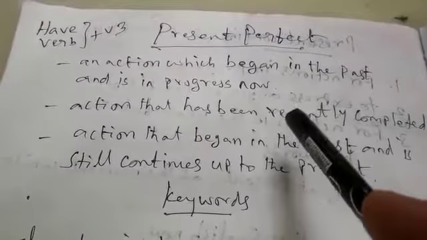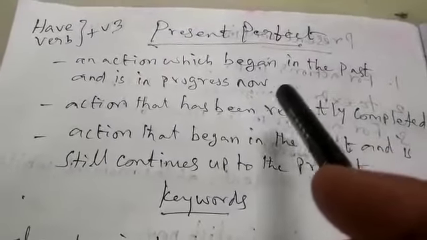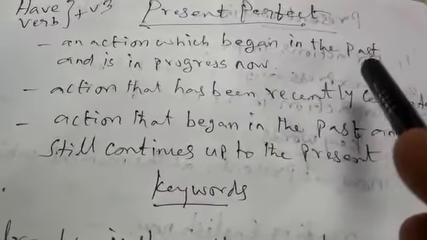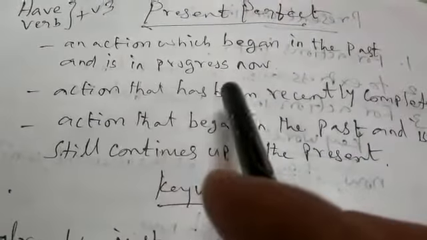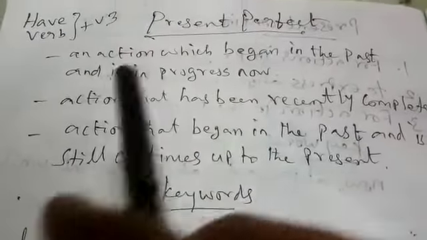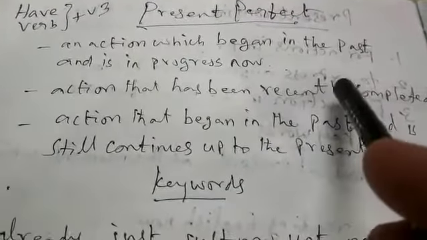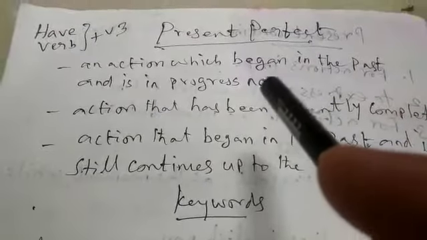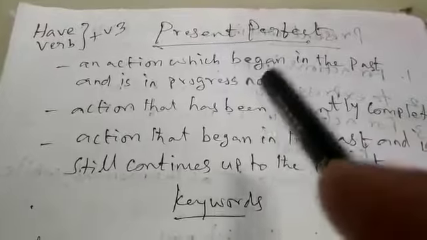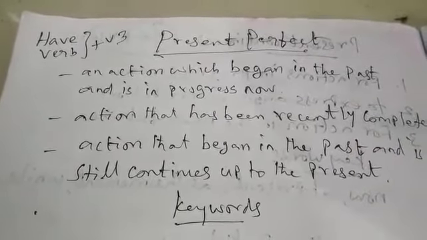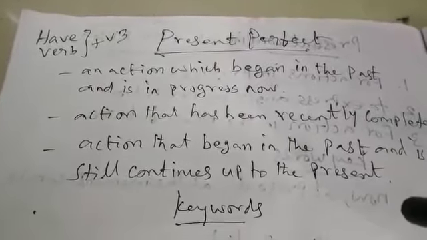Then, what are the places for using present perfect? An action which began in the past and is in progress now. An action which started in the past and continues in the present. That is called present perfect.